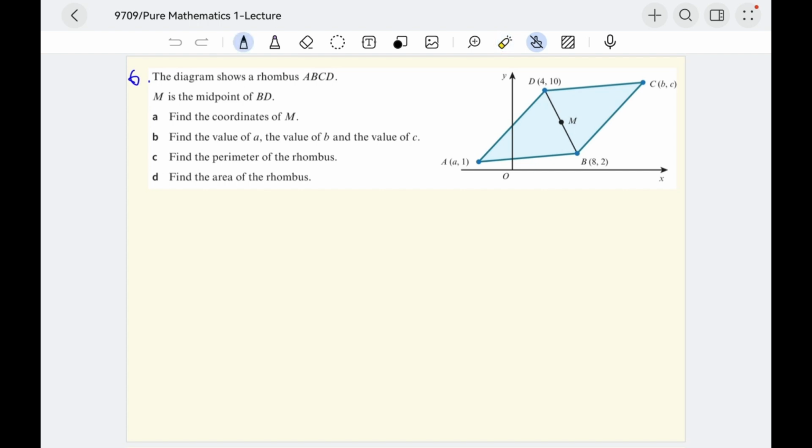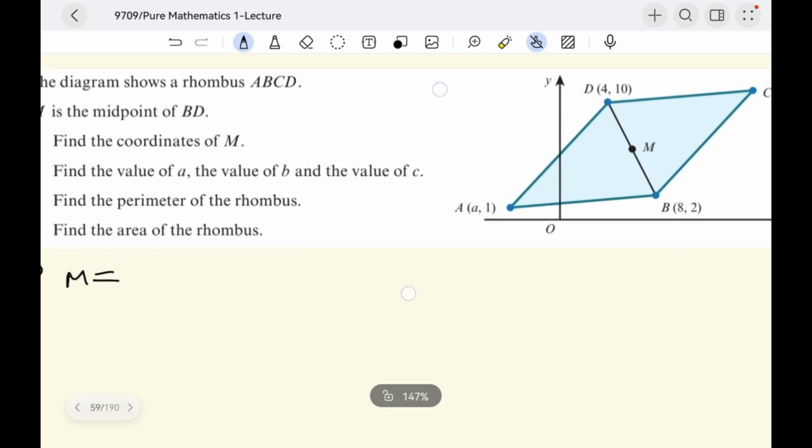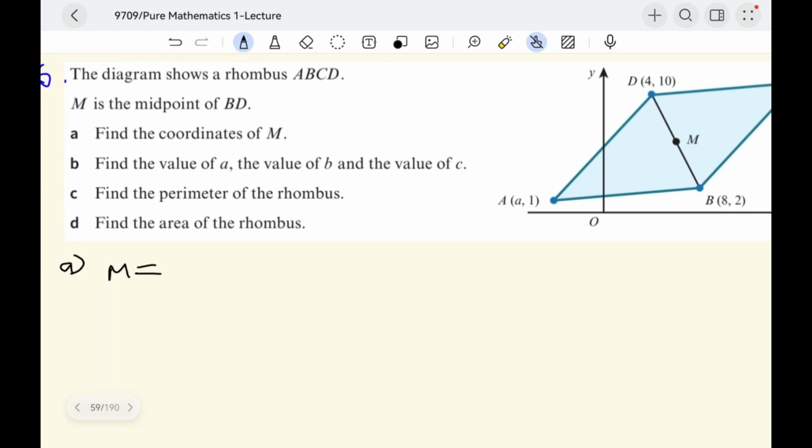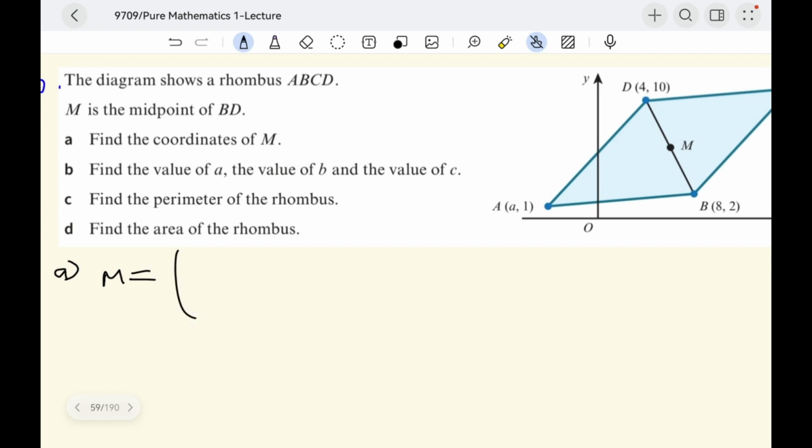How to find the coordinates of M? Okay, it is too easy for you to look for M. Okay, so just use the midpoint formula. I'm not going to repeat this again. I just perform this working.